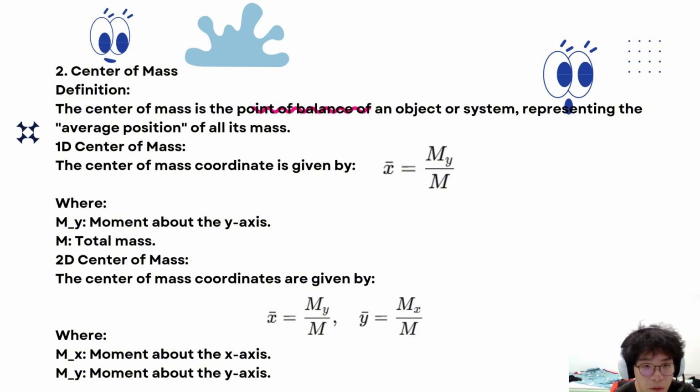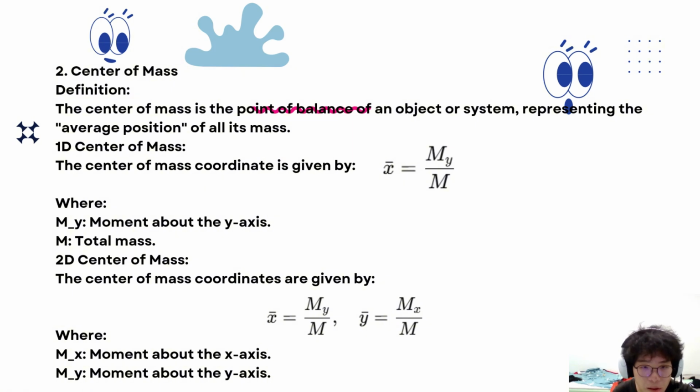About the center of mass. The center of mass is a point of balance of an object representing the average position of all its mass. And it has many situations.